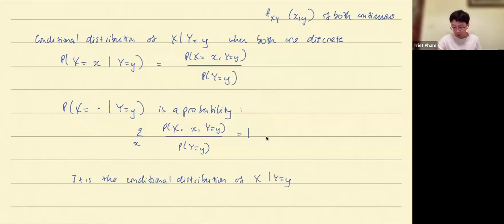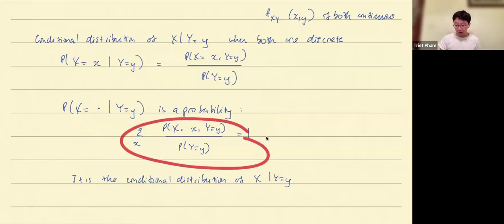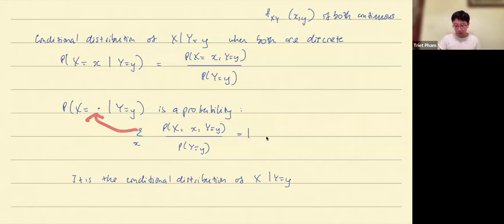Now, as you will see, because it is a probability and it assigns probability to different values of x, it's really also a random variable. So basically this is a conditional distribution of a certain random variable. You will see statements like x given y equals little y is a Poisson so and so.